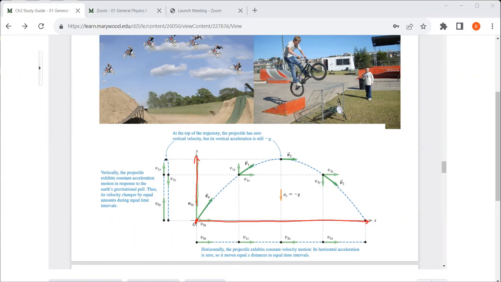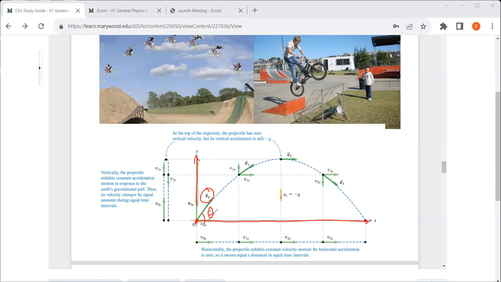Let's say we kick a soccer ball with some initial velocity v0 that makes an angle theta with the horizontal, or the positive x-axis.